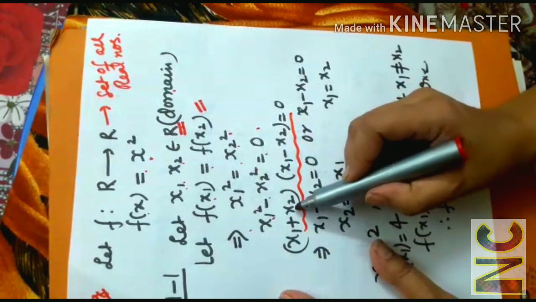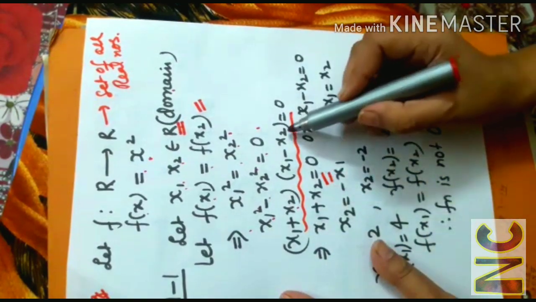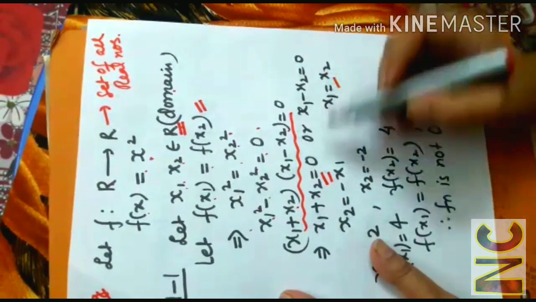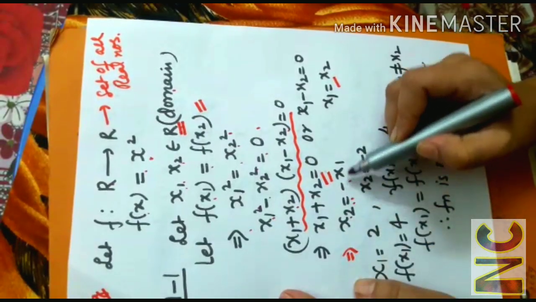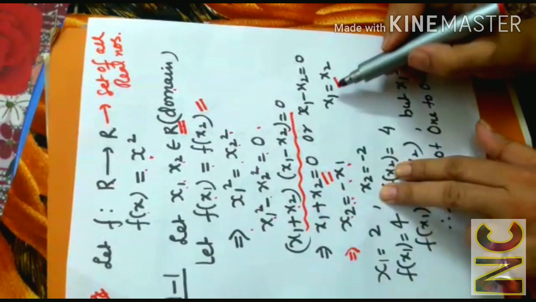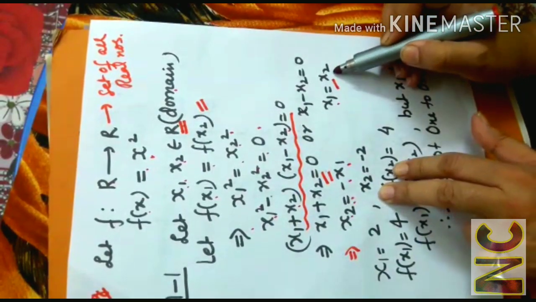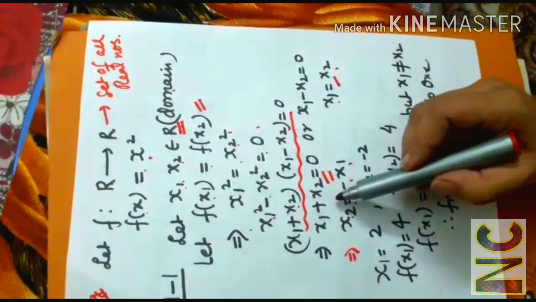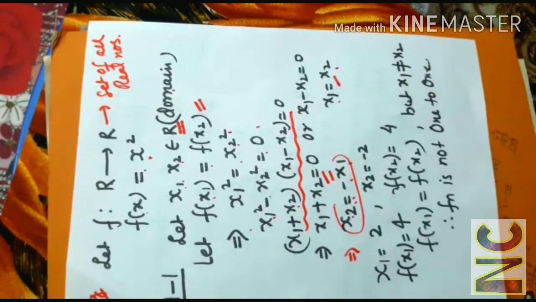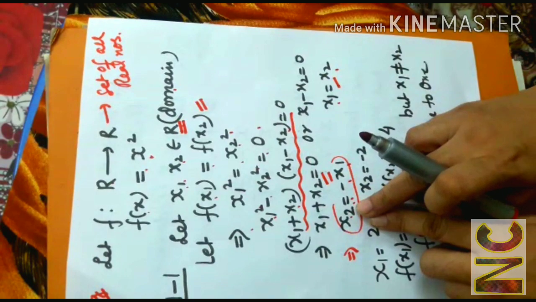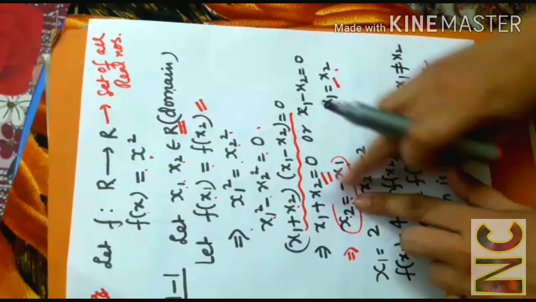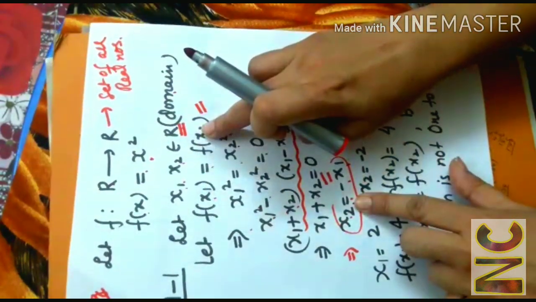Now this would imply either this is equal to 0 or this is equal to 0. This implies x2 is equal to negative x1 and this implies x1 is equal to x2. Now this conclusion implies that if x1 and x2 are negative of each other, then the images will be the same.